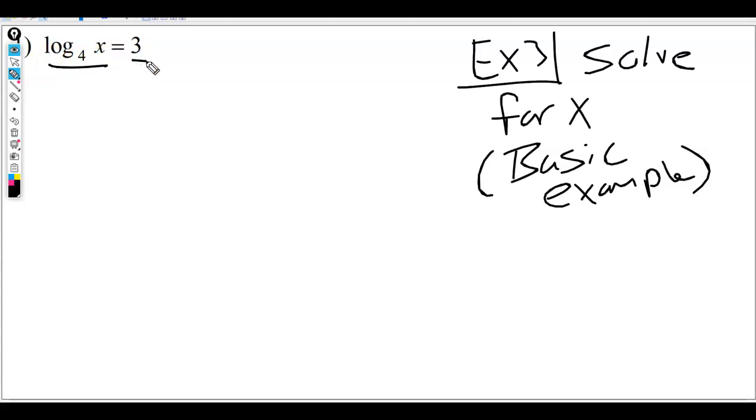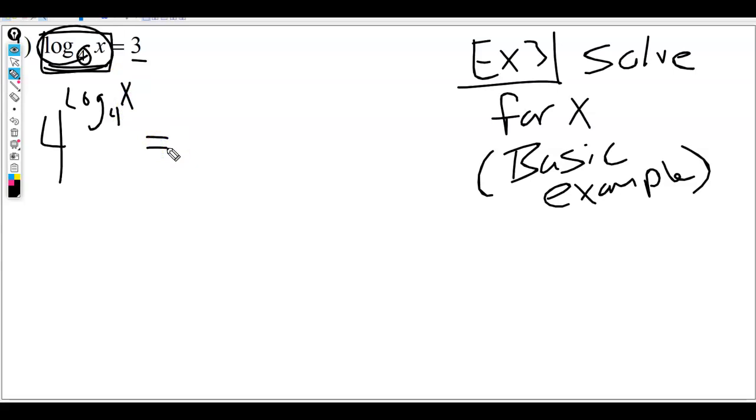Okay, so how do you solve a basic example? The first step is you want to identify what the base is. In this case, the base is 4. Now what we want to do is we want to make this a power of 4. So here's what I mean by that. I'm going to write a big 4 here, and that whole thing is going to become a power of 4.